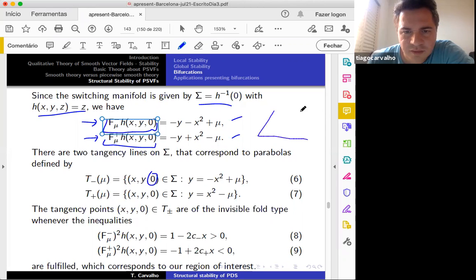At this manifold there are two fold curves.